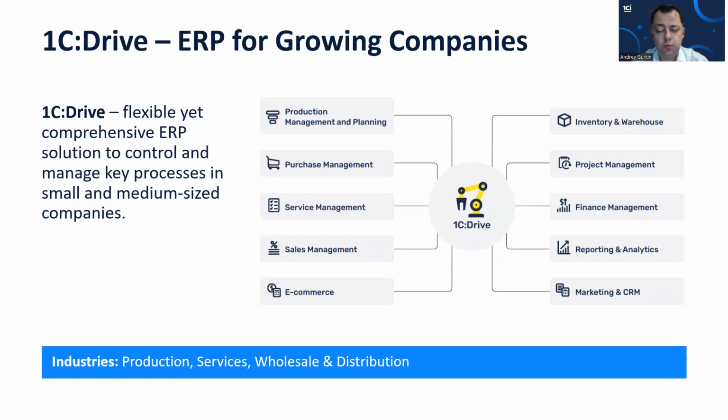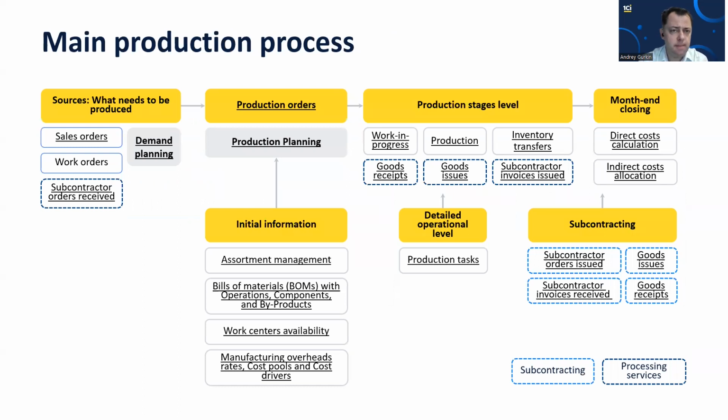For those of you who don't know about OneDrive, it's an ERP for growing companies. We have approximately 10 subsystems, and one of the main ones is the production subsystem. Here you can see the main production process, which can start from the sources for producing goods or finished products.